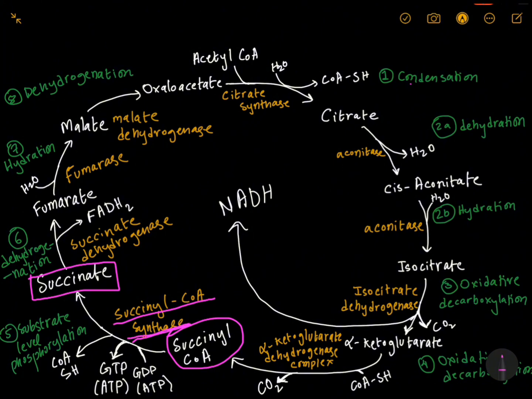This is a substrate level phosphorylation, which means ADP will be converted to ATP through phosphorylation, but GDP can also be converted to GTP, and that just depends on the type of enzymes involved in the succinyl coenzyme A synthase. So you can either get ATP from ADP or you can get GTP from GDP. And as a byproduct, you also get coenzyme A SH.